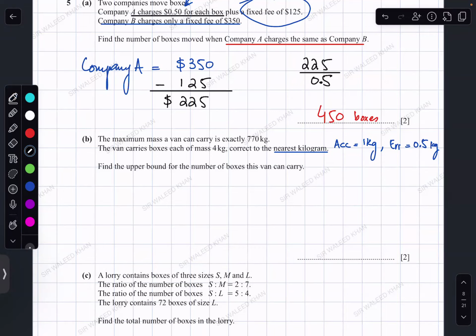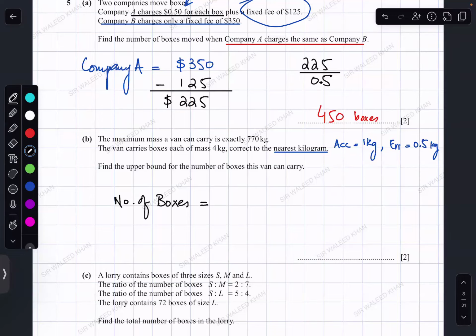So number of boxes, first make a formula and then use the upper and lower bounds. Find the upper bound for the number of boxes this van can carry.